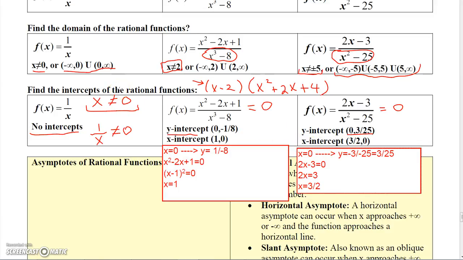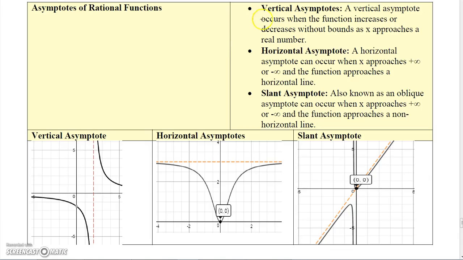In order to see that, you can graph each of these and see where the graphs cross the x and y axis, and you'll see that they actually cross at the points that I'm giving you here. Okay, next I want to talk about vertical asymptotes. Vertical asymptotes are just kind of imaginary lines that can be used to help graph rational functions.